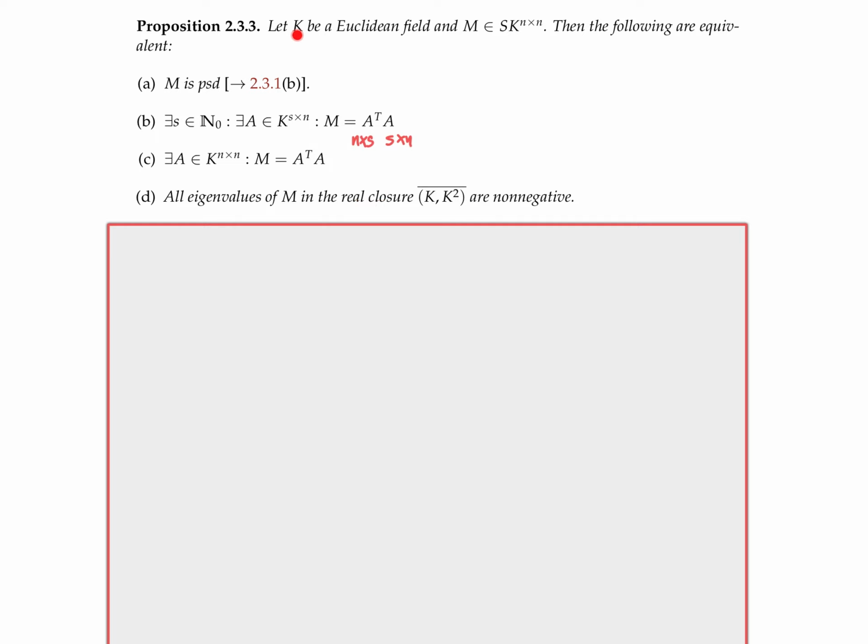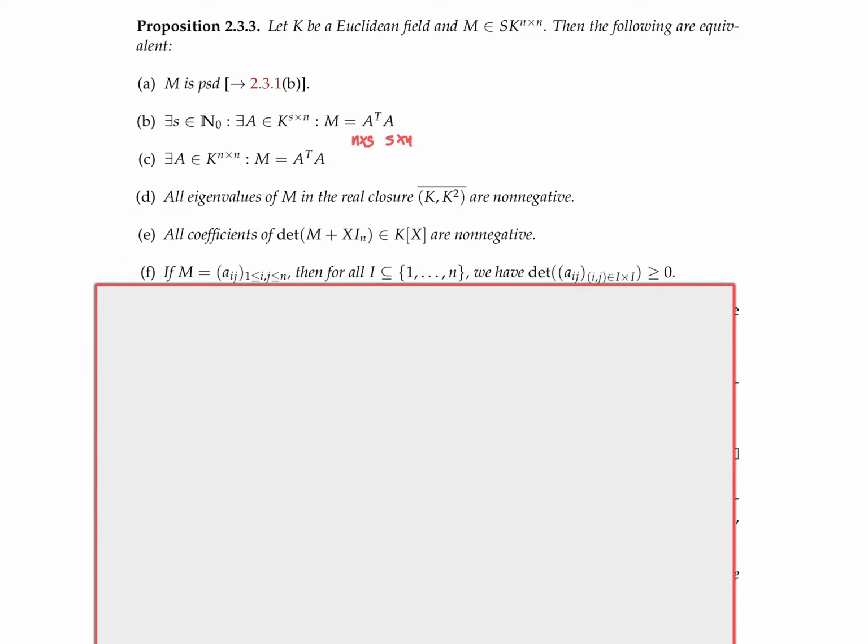An important special case is that K is already real closed. In this case, I could just take K, and then I could just write all eigenvalues of M are non-negative.